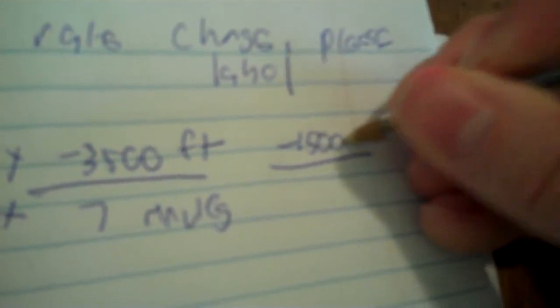So I have to decide if the rate of change is constant throughout the whole table. So negative 1,500. 5 minus 2 is 3. So 3 minutes.